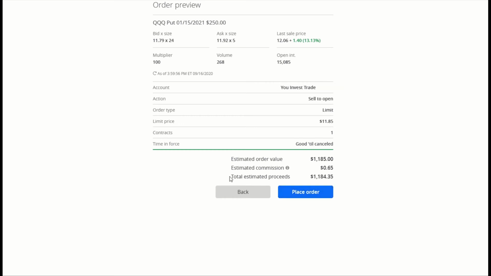And the total money we would get from this trade is $1,184.35. I am not going to place this order, but just wanted to show you guys how to do it. So you could place a trade like this yourself in your Chase U Invest trading account.